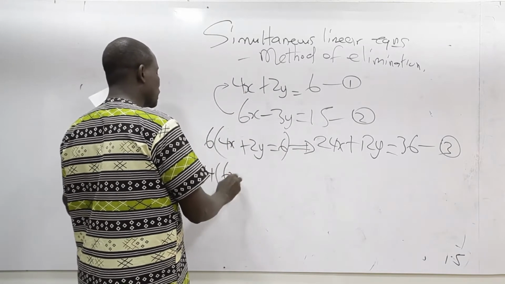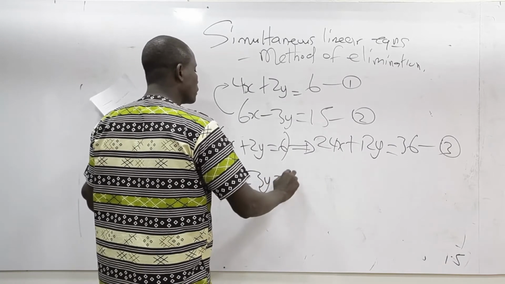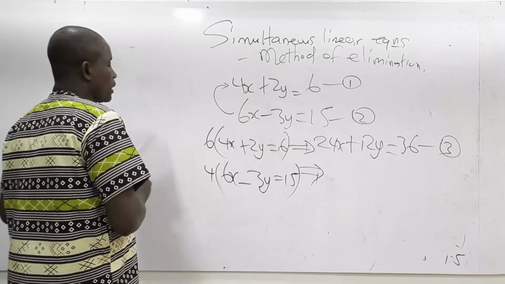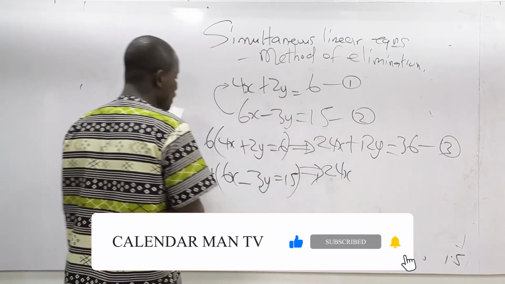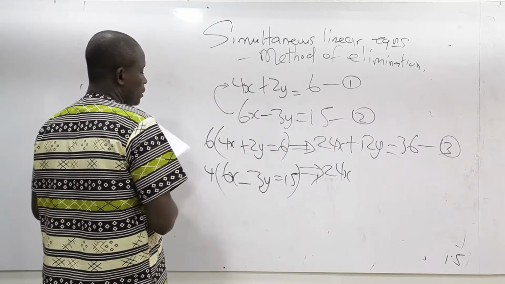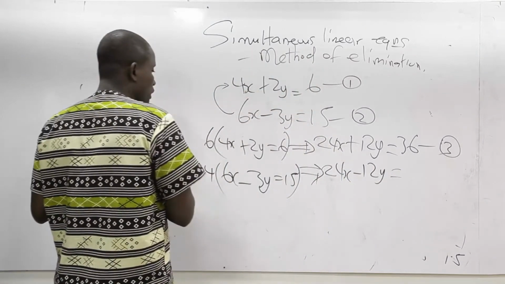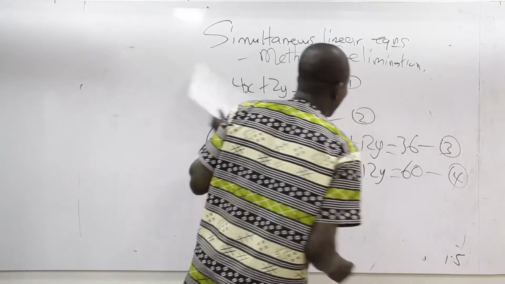And here is 6x, I'm talking about equation 2, minus 3y is equal to 15. Here also, let's see what will happen. This time, this is 24x, right? Minus 12y is equal to 60. This will give us equation 4.